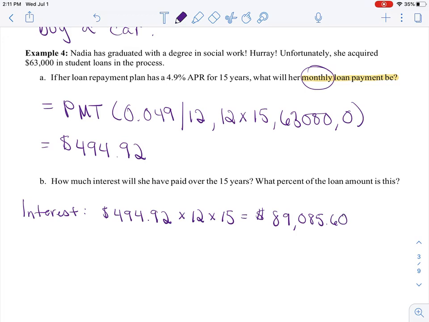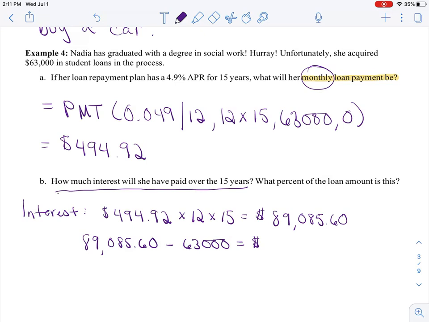Now it says, how much interest. So I'm going to say, oh no, that is not true yet. Sorry, that's how much she paid total. Let me go ahead and be more clear with this. Now I have to take what she paid total and take away how much her loan was.